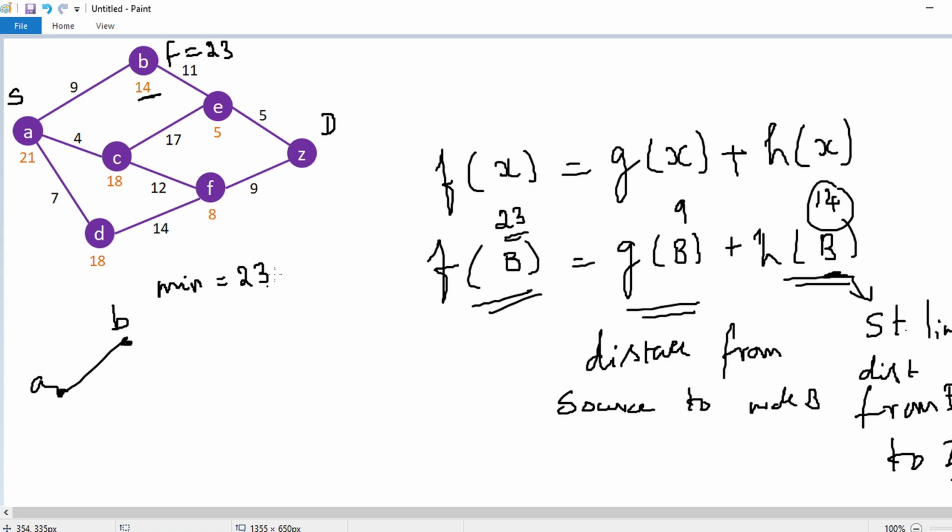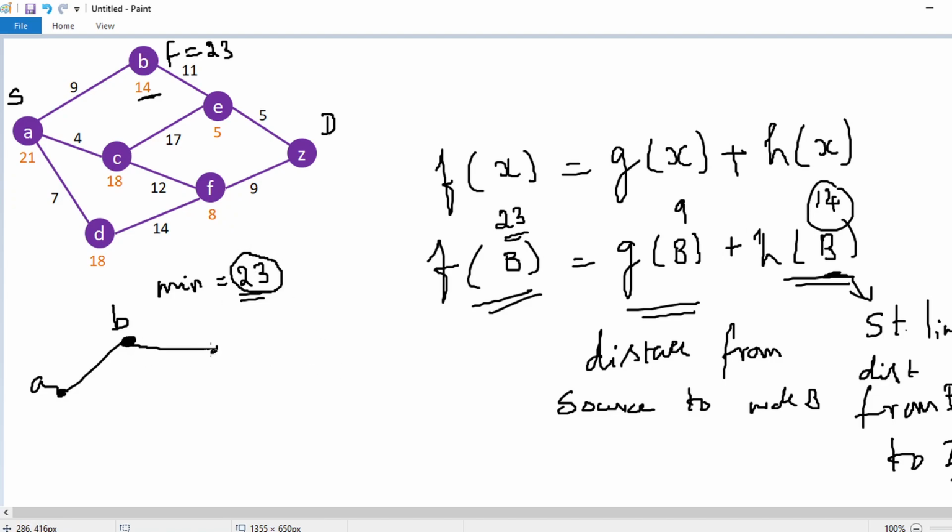You cannot go to Z if you pass through B with less than that. If B is part of the final path as a node in that path, the minimum will be 23. If from source you pass via B to reach the destination, minimum it takes 23.